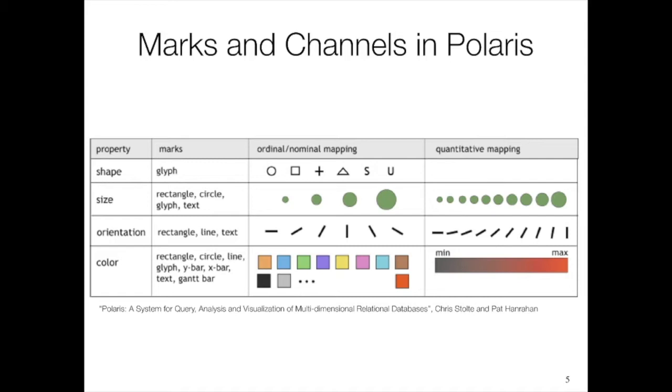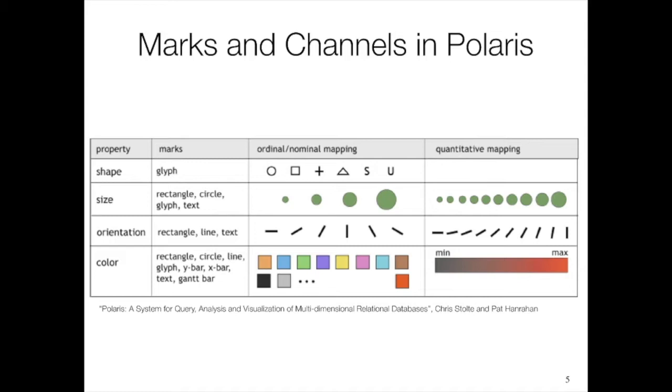The size of different marks, whether they are rectangles, circles, glyphs, or text, can be used either ordinal or quantitative, where in ordinal we have to make sure that there is equal spacing between the different orders, and we can clearly distinguish the orders, whereas the quantitative mapping is a fluid scale.